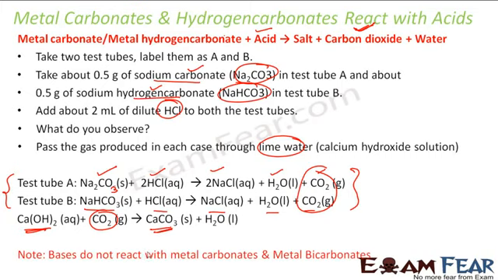Please note, base does not react with metal carbonate. Acid reacts with metals, base reacts with some metals, and acid reacts with metal carbonates and metal hydrogen carbonates. Base will not react with metal carbonates and metal hydrogen carbonates. Only the acid reacts with metal carbonate and metal hydrogen carbonate, and gives salt, carbon dioxide and water.